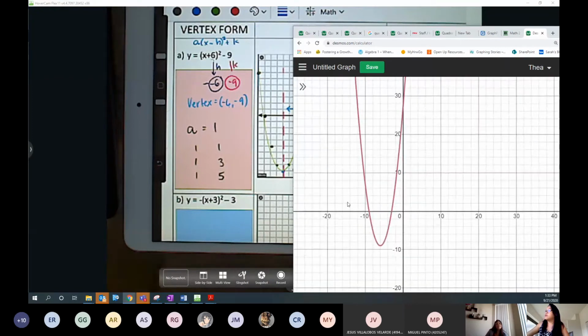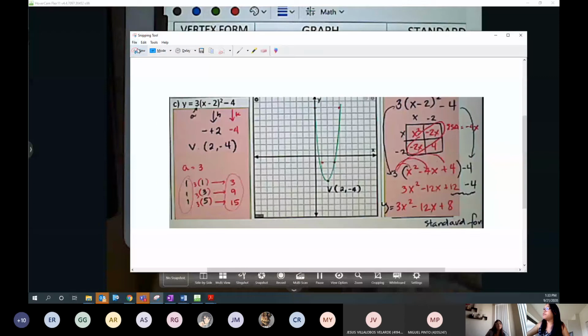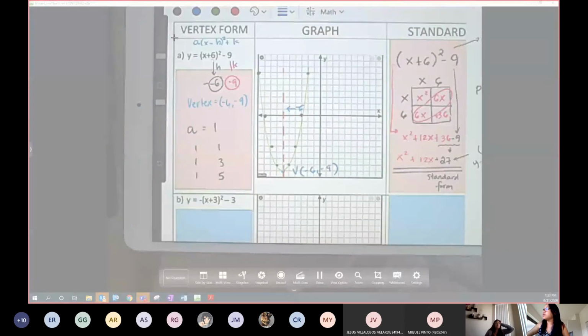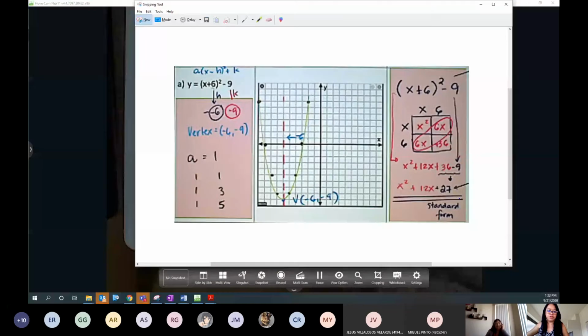Okay, so converting it is real easy. And if you are following in your notebook, you can already glue everything in your notebook for the first number.